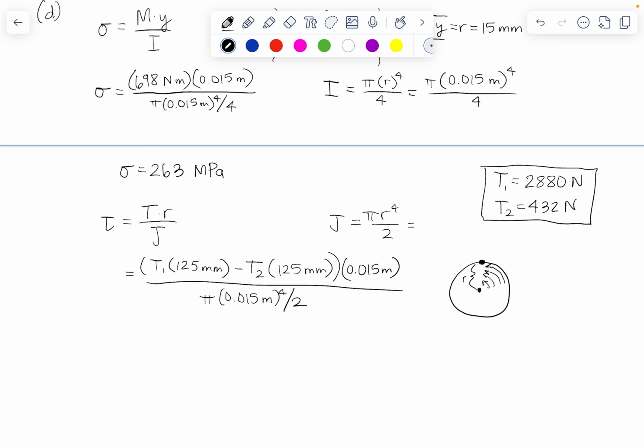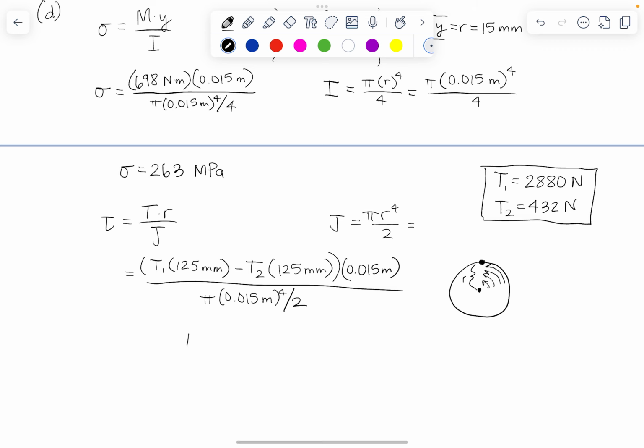Let's plug in all of our numbers here. So 2,880 times 0.125 minus 432 times 0.125. Multiply that by 0.015 and divide by our polar area moment of inertia.